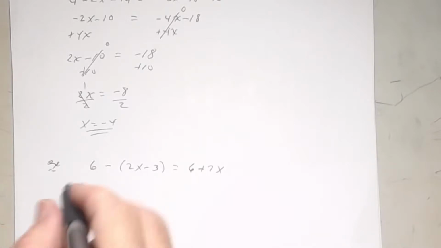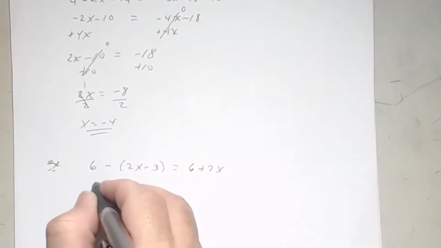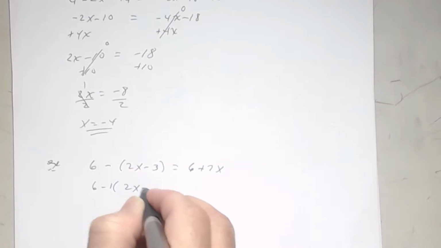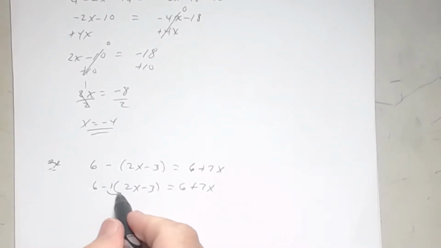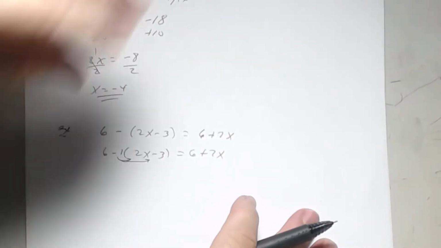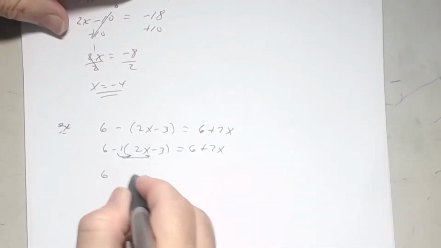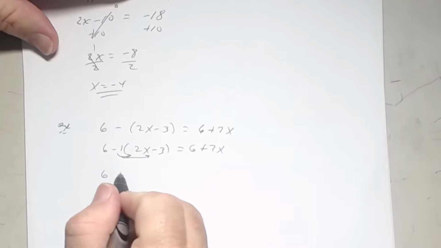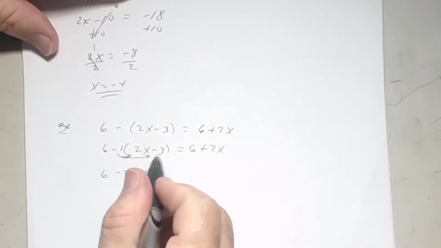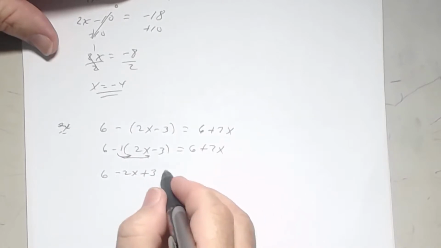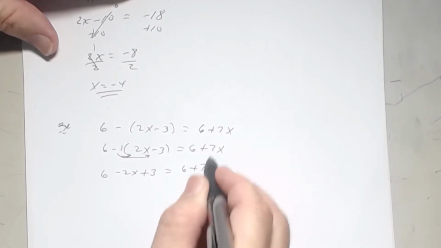Okay, so you got to remember that this right here is understood to be a negative 1. So if you need to, put that negative 1 there, and then distribute the negative 1. So in distributing the negative 1, we get 6, and what's going to be the rest of these terms? Minus 2x plus 3, because a negative times a negative is a positive, equals 6 plus 7x.